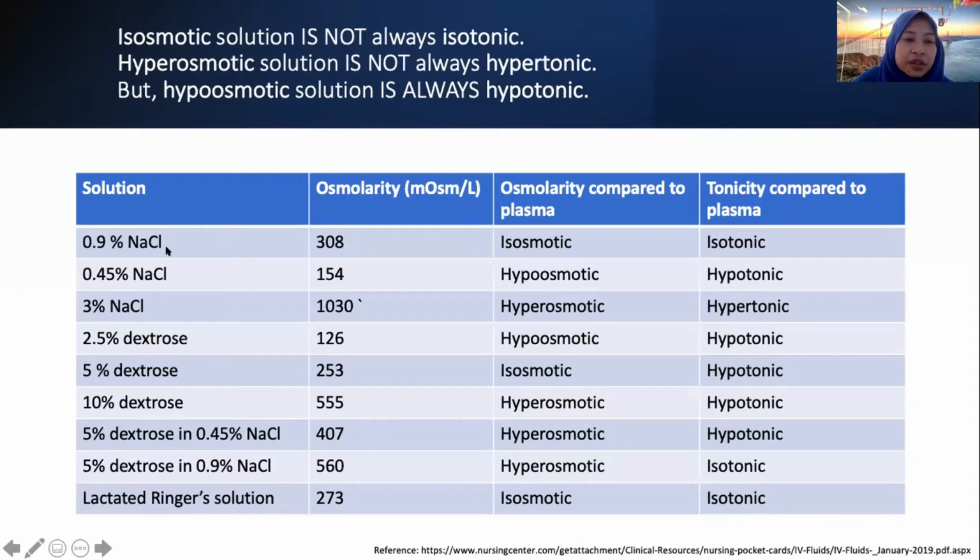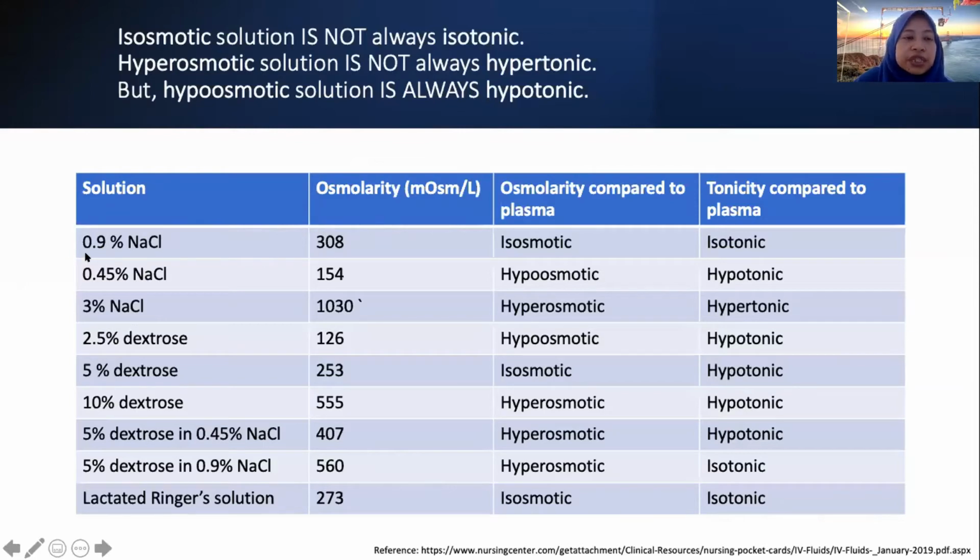These are some of the crystalloids that you are familiar with. I took the osmolarity reading from this website here. For this case, let's assume that anything between 250 to 375 is considered isoosmotic.